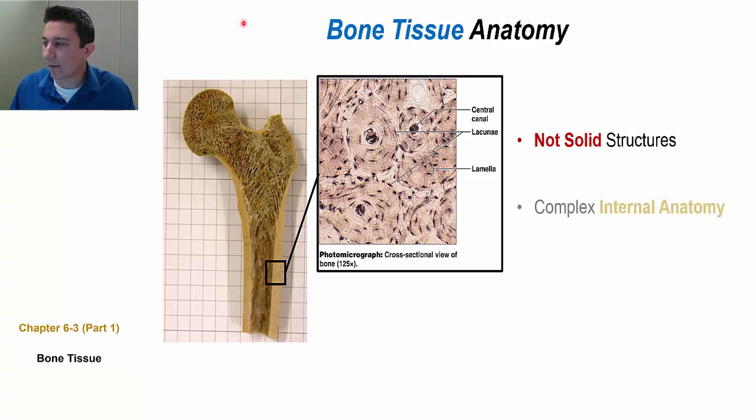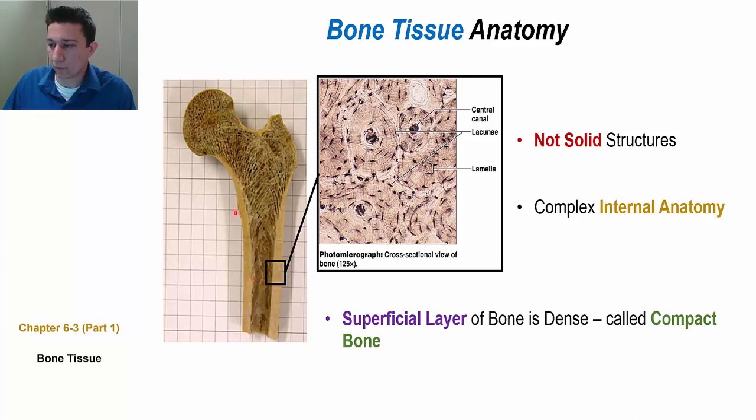If you section or slice a bone and take a look at the internal structures, you're going to see that the walls or the superficial surface of that bone is a dense, very thick bone material, and then on the inside you either have some hollow spaces that form cavities, or in some parts you're going to see this almost spongy-like honeycomb configuration of bony tissue.